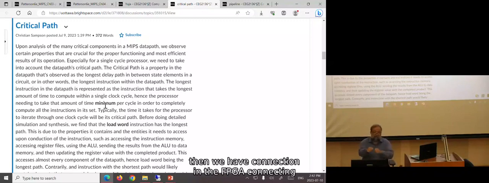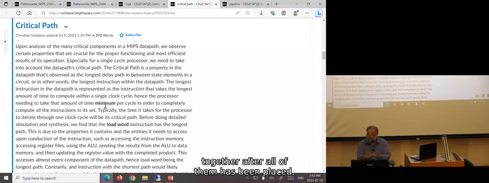And then we have connections in the FPGA that connect them together. After all of them have been placed, which we call floor planned, we can see the timing: how long it takes for one operation to be executed. And at that time, we can say, okay, our critical path is this path.